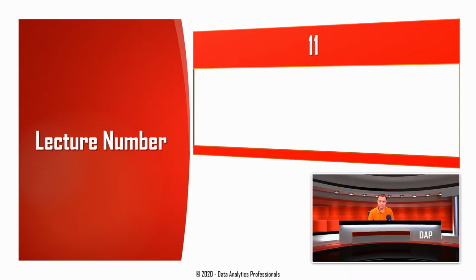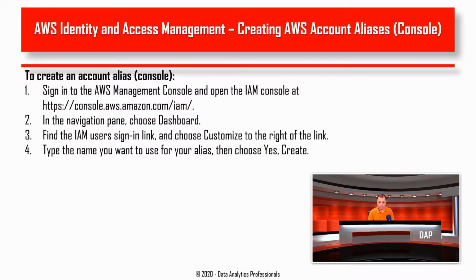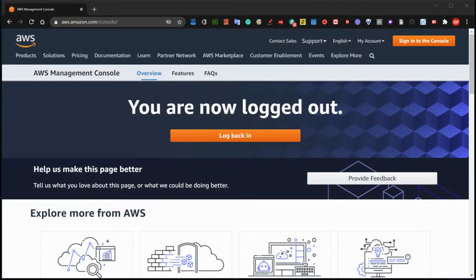This is lecture number 11 in this series, and I would like to keep it very sweet and short. Here are just 4 instructions, and I'm not going to read them but rather take you to the AWS console and perform the actions.